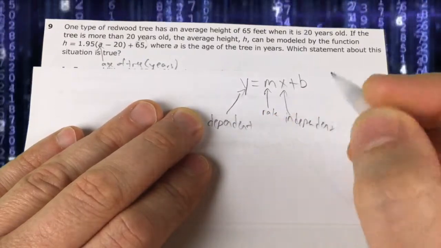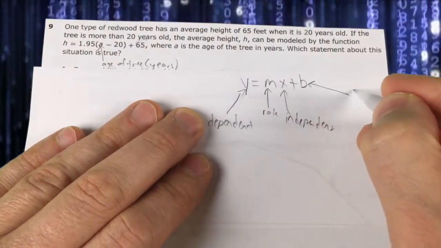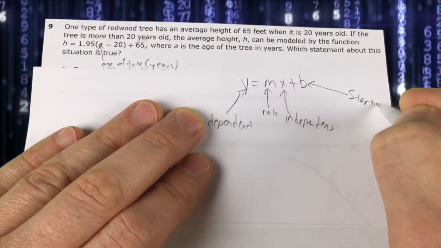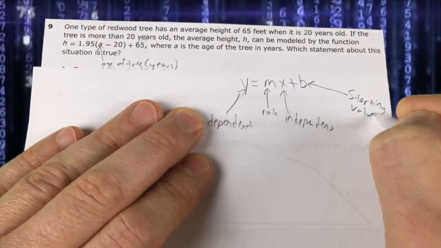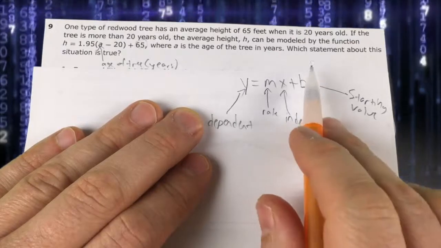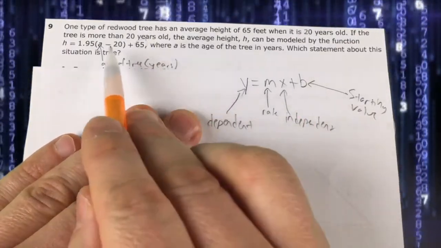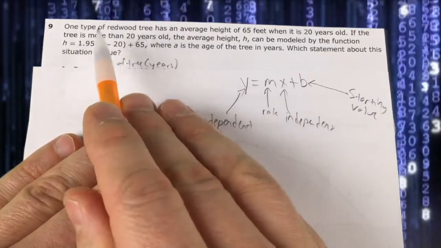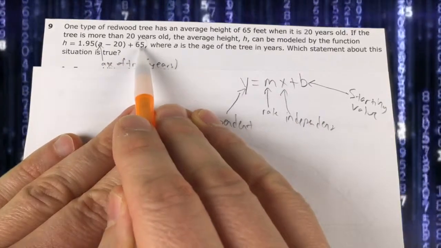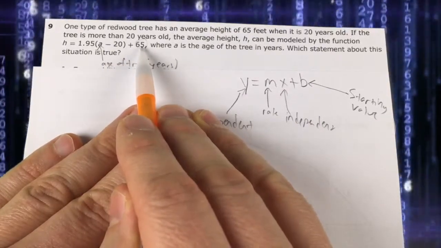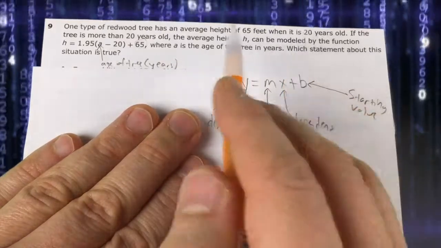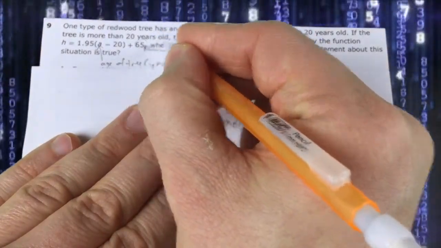And what is the b? The b is the starting value. Basically they're starting this situation when the tree's 20 years old, because that's the average height at 20 years old. So this is my starting value.